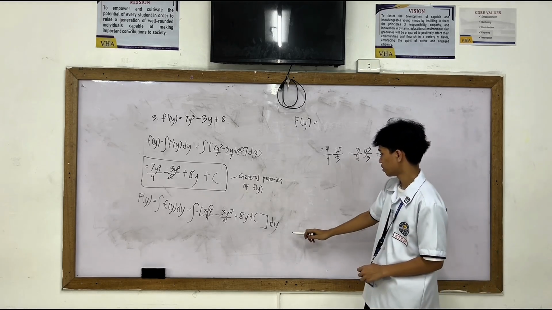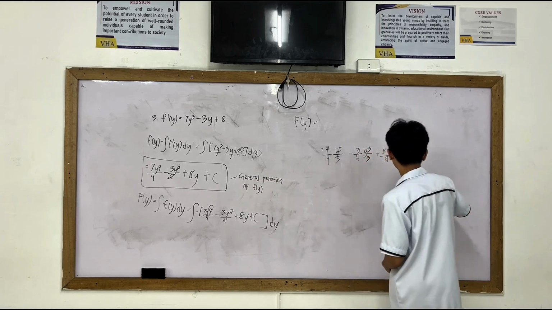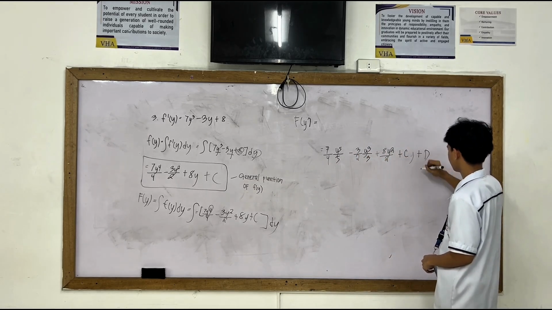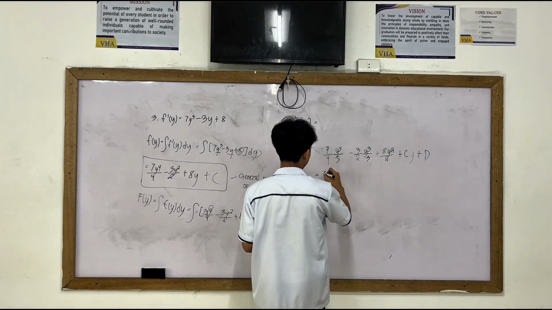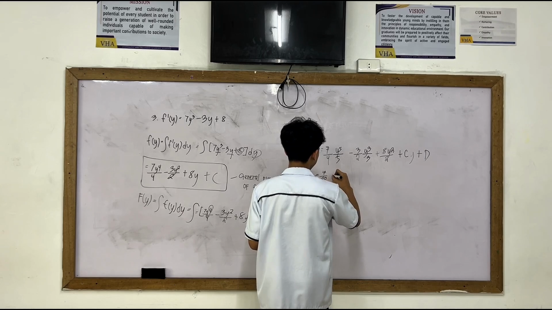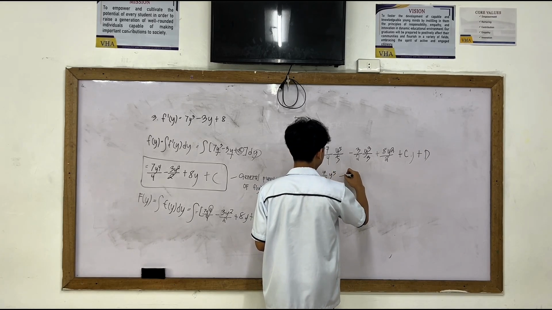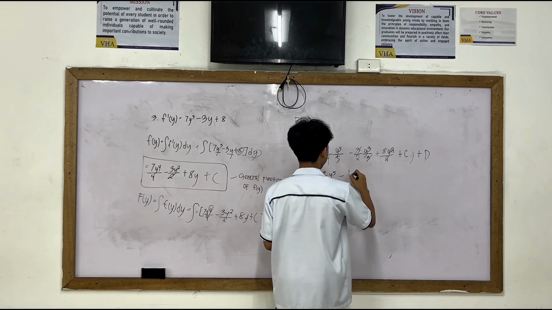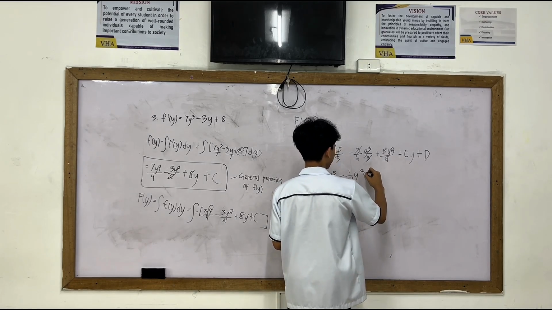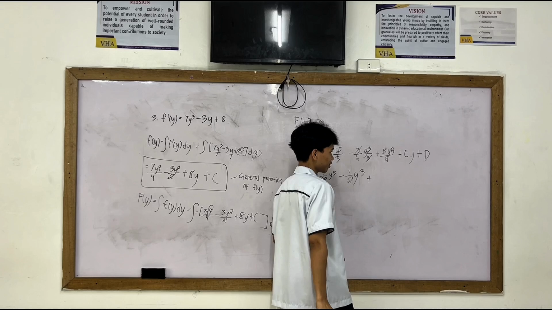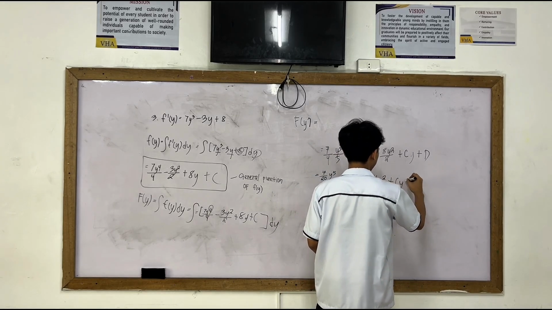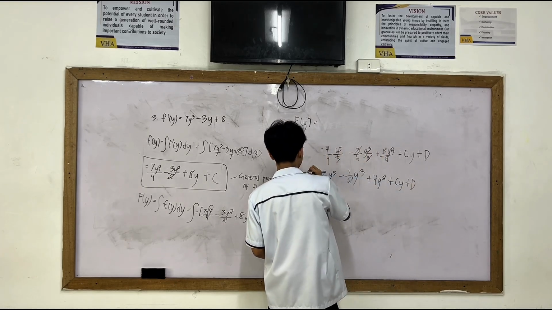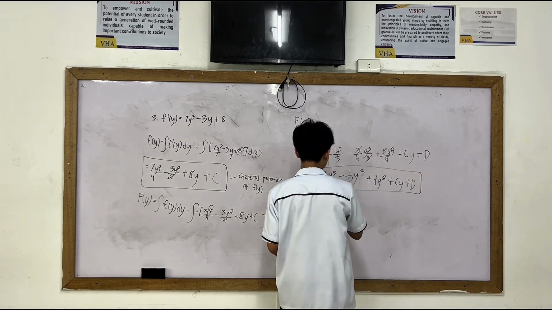And we have the new constant, which is b. Cancel, 1 over 2 y cubed plus 8 over 2 is equal to 4 y squared plus cy plus d. And this is the answer for capital F of y.